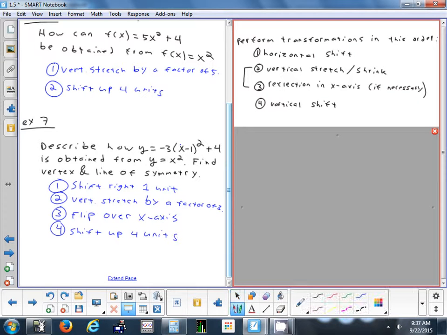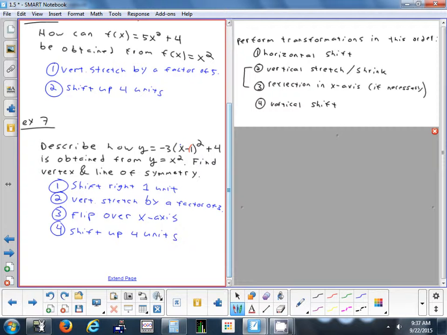All right, so if I just go ahead and label it. This is the horizontal shift. In general, it could be left or it could be right. This is the vertical shift. It could be up or it could be down.